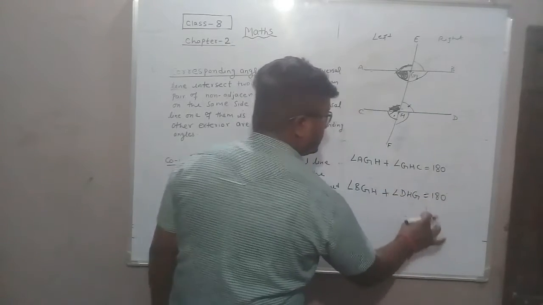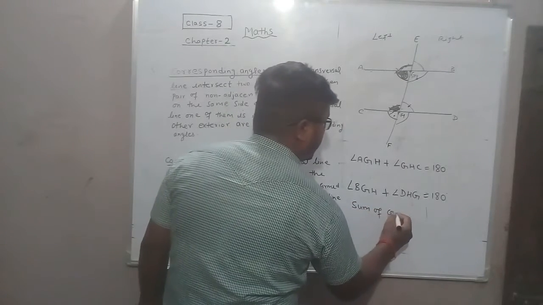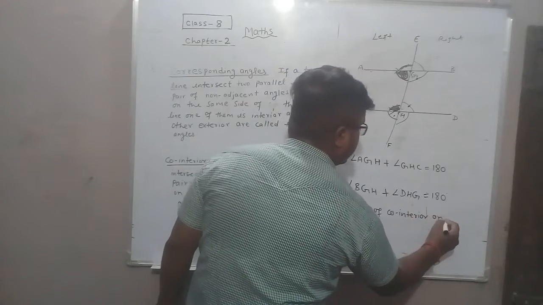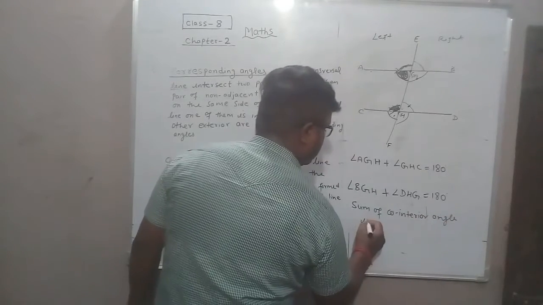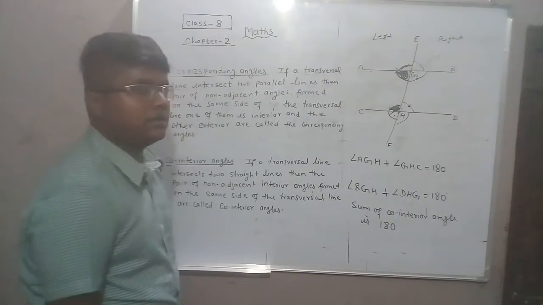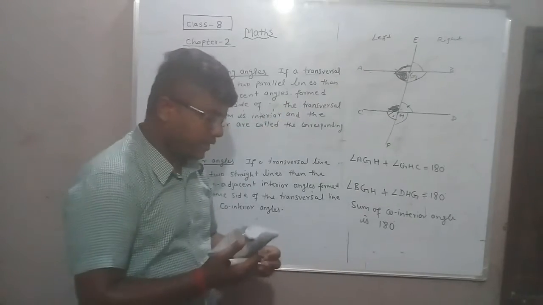So we can conclude that the sum of co-interior angles is 180 degrees.